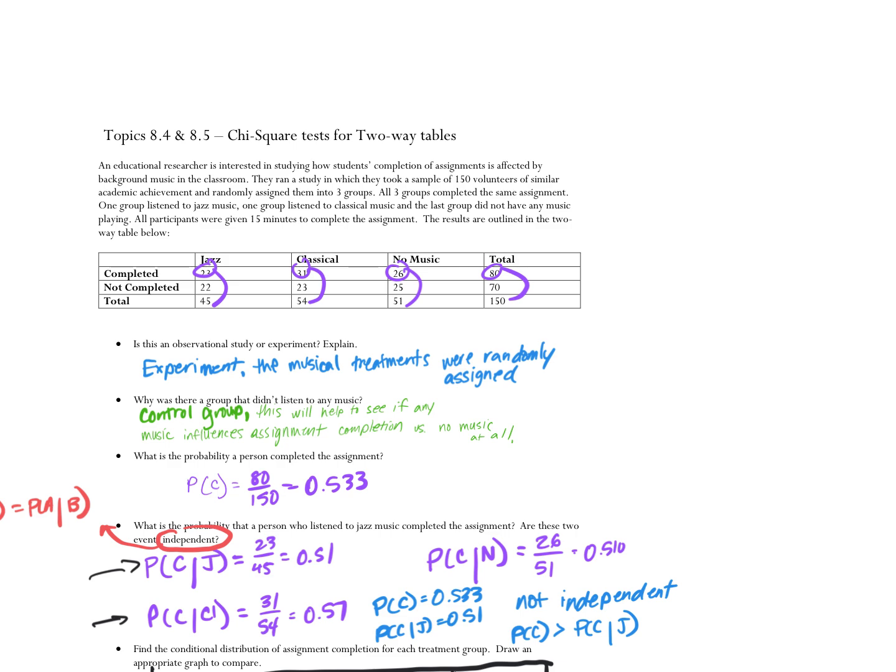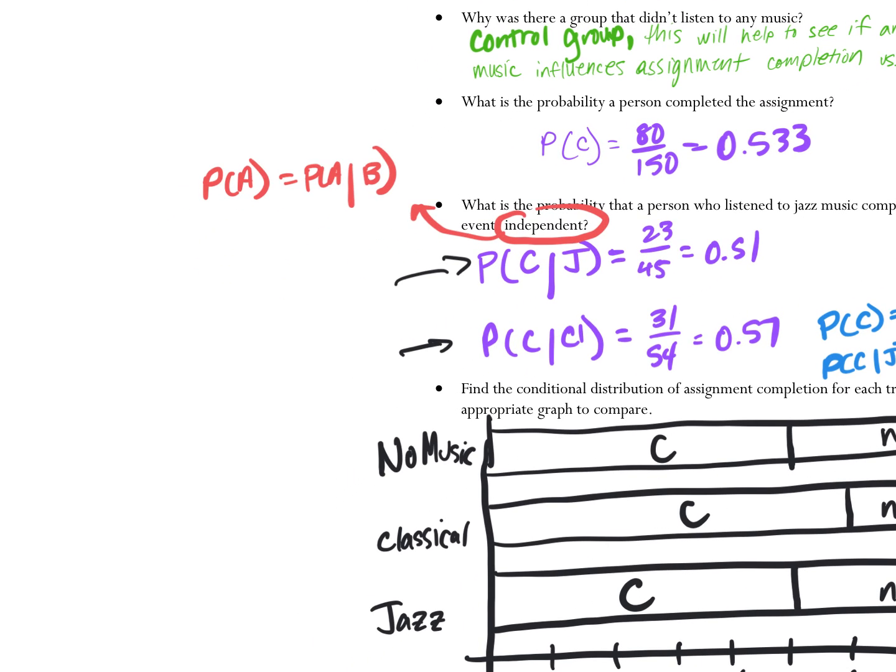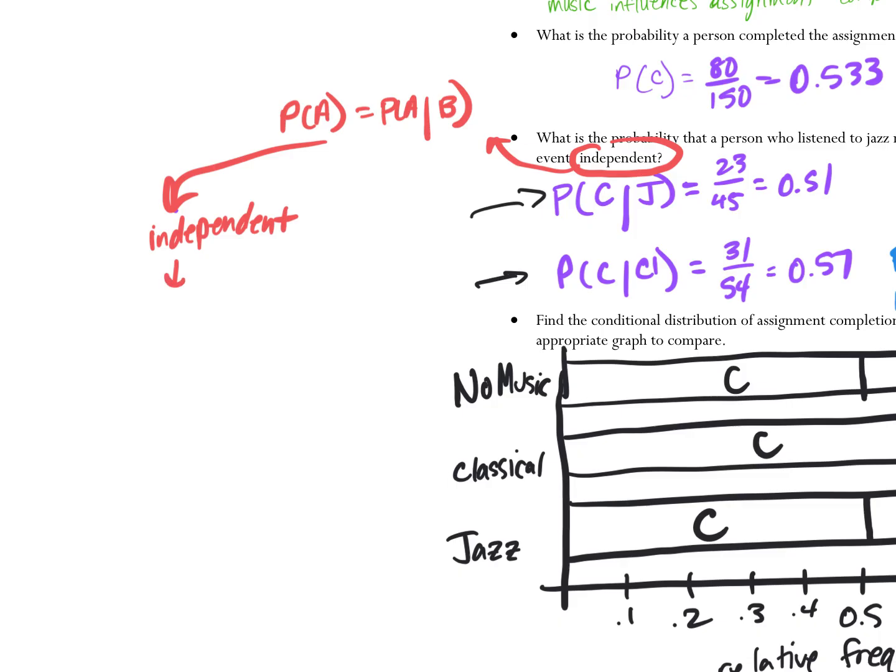Is everybody good? And then lastly, a real quick vocabulary refrain. When this happens, we say the events are independent. And if two events are independent, there is not an association.